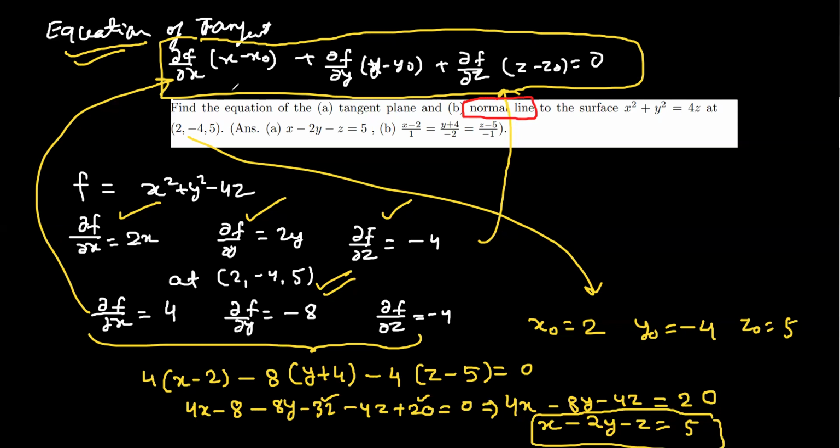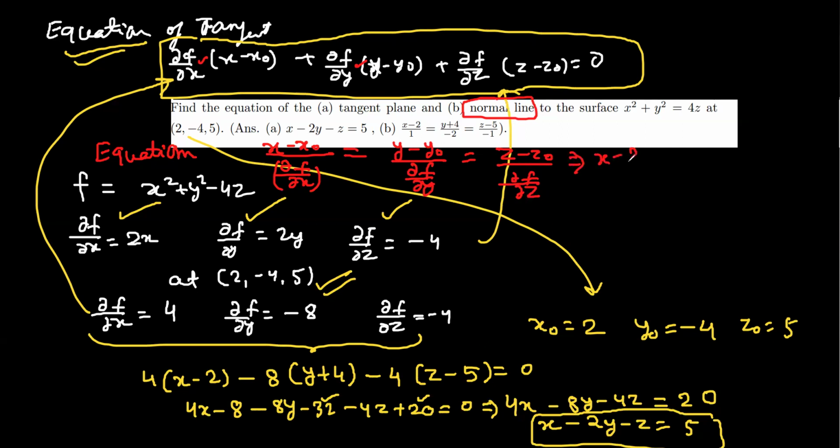So equation of normal will be, here multiply is there in tangent, and in normal it is divided. So equation of normal is nothing but x minus x naught divided by del f upon del x, equal to y minus y naught divided by del f upon del y, equal to z minus z naught divided by del f upon del z.